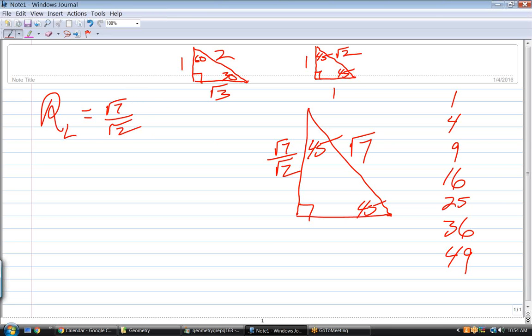How do I rationalize that? Let's see. How would you rationalize it? Just square root of 7 or square root of 2.